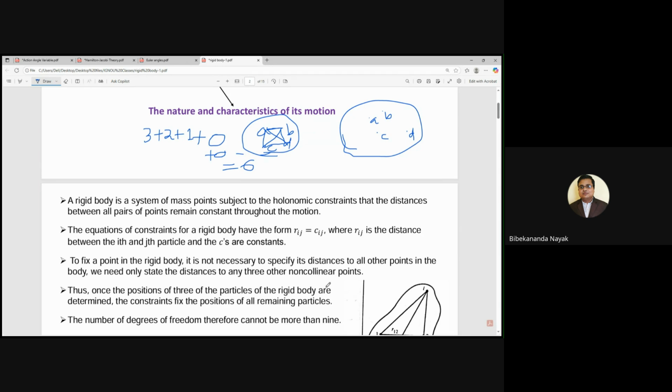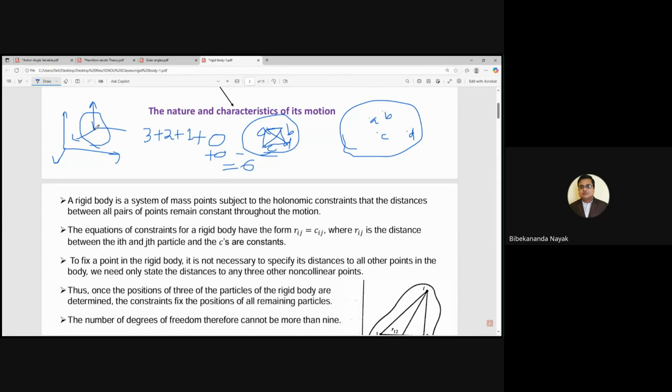So how is it actually done when we consider rigid body motion? Actually, we set an axis inside the rigid body, which is known as the body set of axes. We have axes x, y, z, which is called the space set of axes. We set the body set of axes.